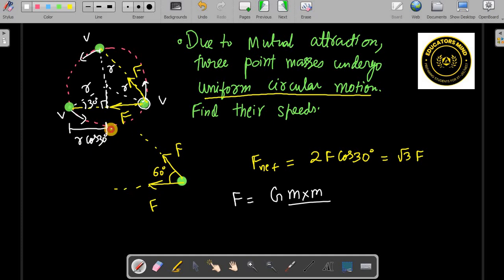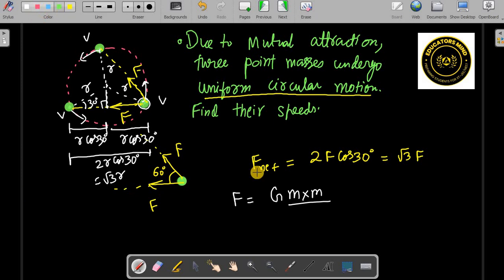Similarly here, this distance is also R cos 30 degrees. So the total distance is 2R cos 30 degrees, and with root 3 by 2, this is root 3 times R. That's the distance.